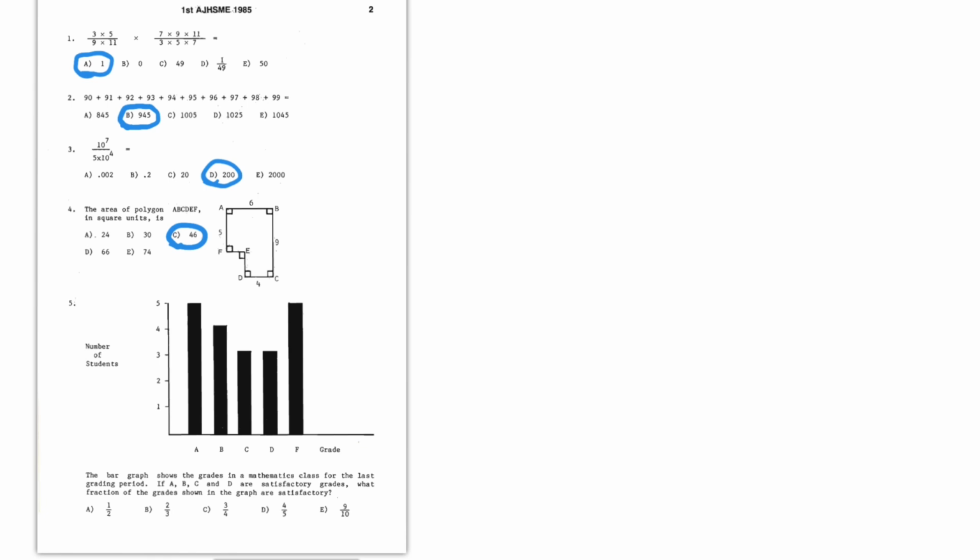Fraction equals the expected over all. The expected is satisfactory. Satisfactory grades are A, B, C, D. So we add all the numbers together.